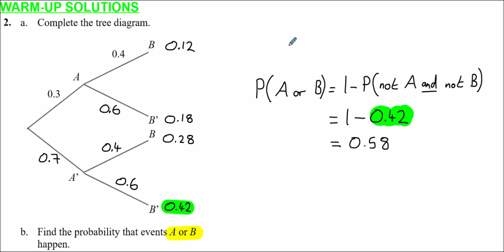Another way you could have done it would have been just to add up these three numbers together, because these three numbers I'm highlighting in red include at least one of A or one of B. So that's a different way of doing it. I'm just showing you how to do it using 1 minus the complement of A unified with B.